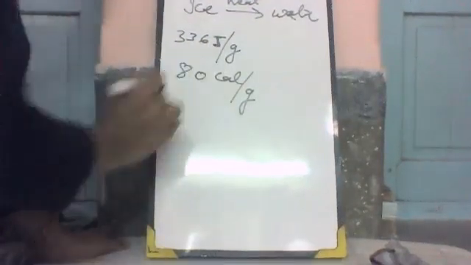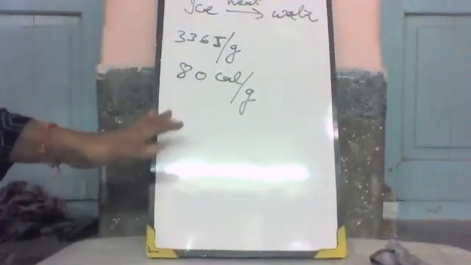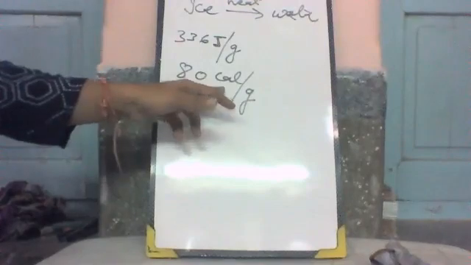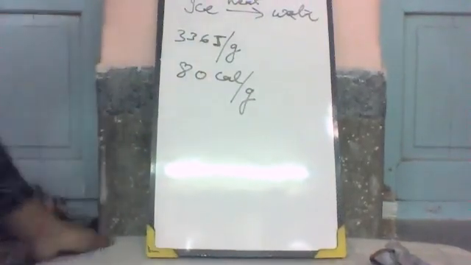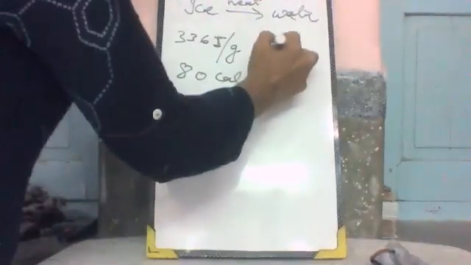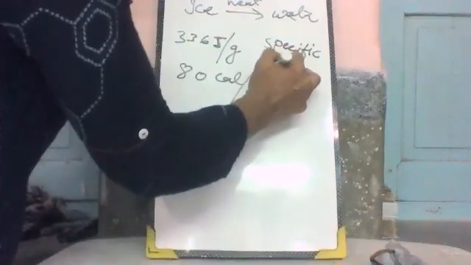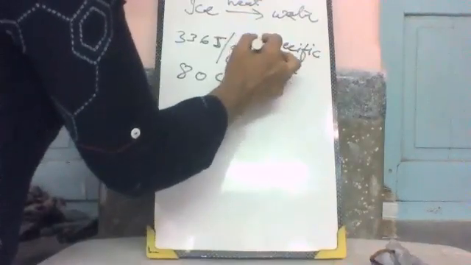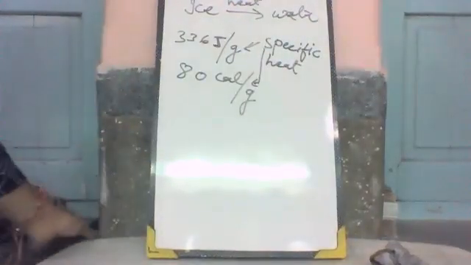Same here, 1 gram of ice requires 80 calorie to change into water. These are the specific heat values in two different units.